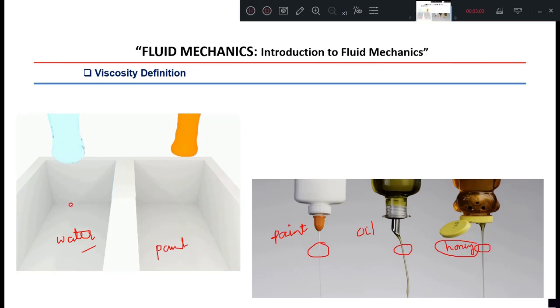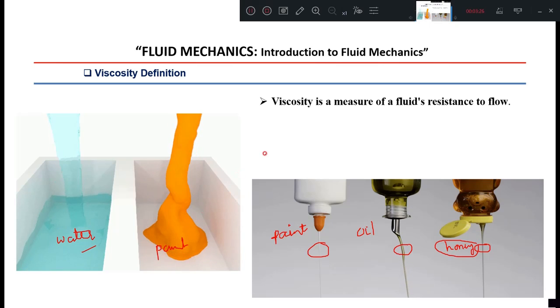See, look at this, how this container is filling faster than the paint, because the paint has higher viscosity than the water. Hence we can say that viscosity is a measure of a fluid's resistance to flow, and it also describes the internal friction of a moving fluid.